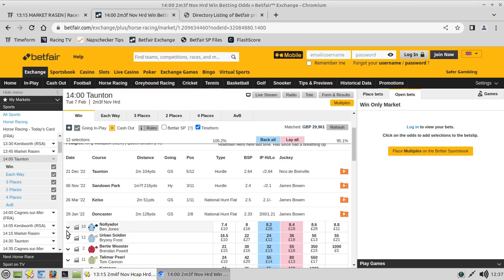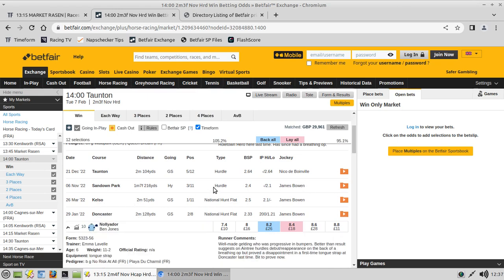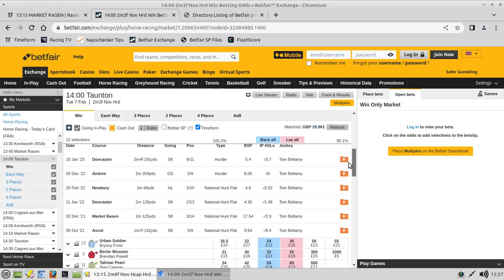Let's go down to Noliador. So the first one, that's not too bad. No, yes, yes, yes, marginal. So this is potentially a pick.